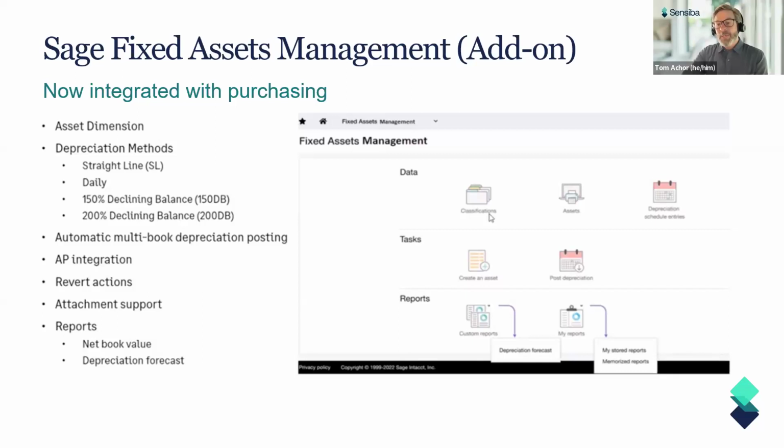If you've used that one, it is not super user friendly in terms of the look. It wasn't built in the traditional Sage user interface. We also work with some third-party fixed asset management, and then there's the old on-premise Sage fixed assets, which you could integrate with Intacct. But after all that, why do we need this?